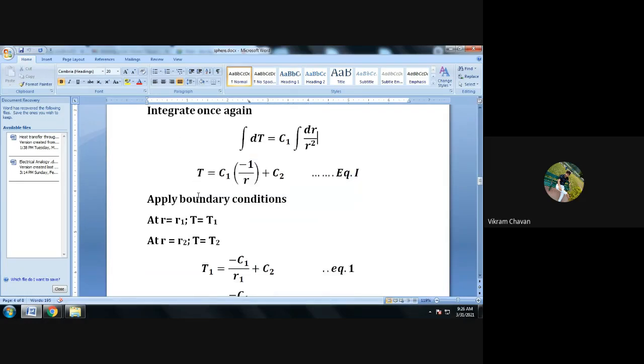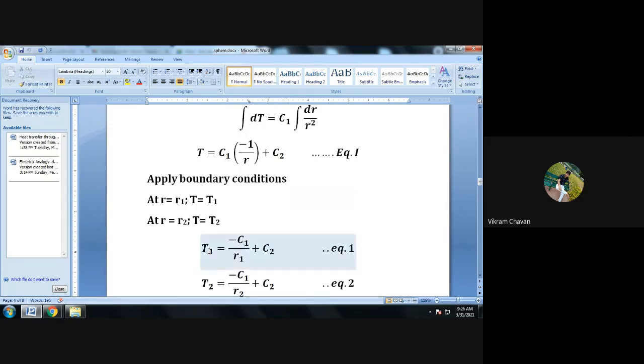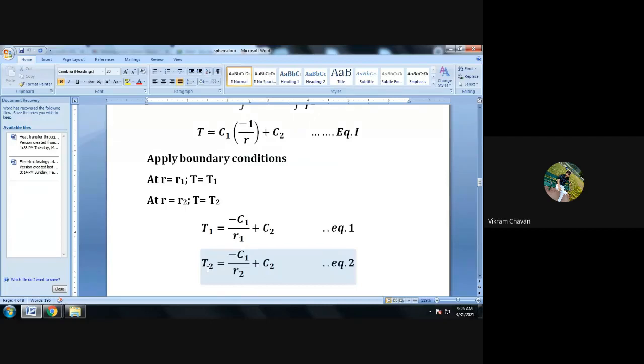We will get when r is equal to r1, t becomes t1, so t1 is equal to minus c1 divided by r1 plus c2. And when we apply the second boundary condition, when r is equal to r2, t becomes t2. So we will get the equation as t2 is equal to minus c1 divided by r2 plus c2.